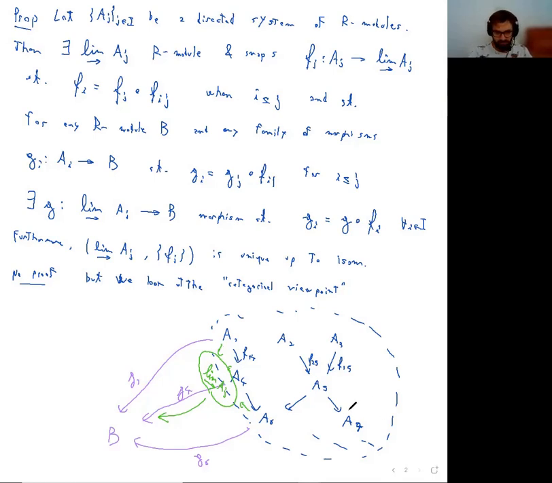And let's look at some examples of how this works. For instance, let's look at the direct sum. So I take I to be just N, but with trivial ordering.